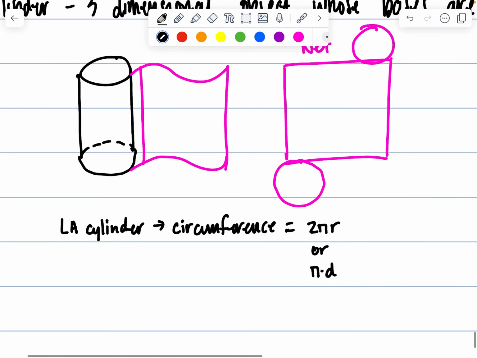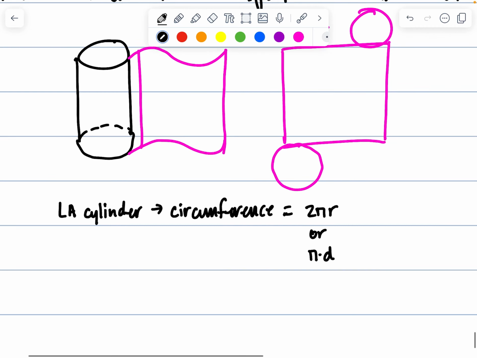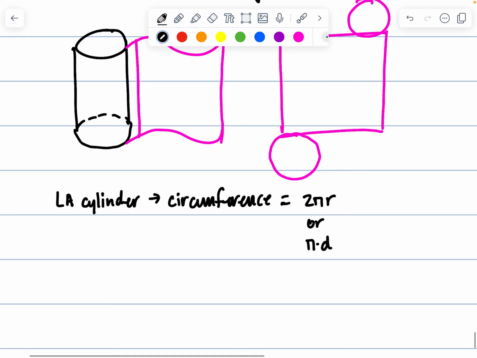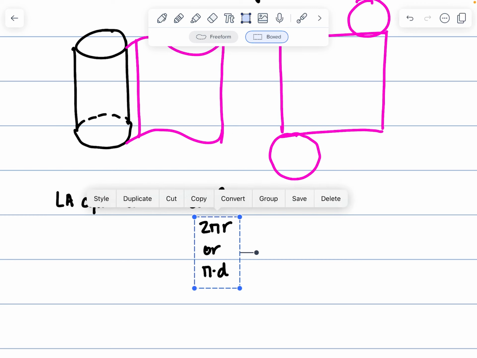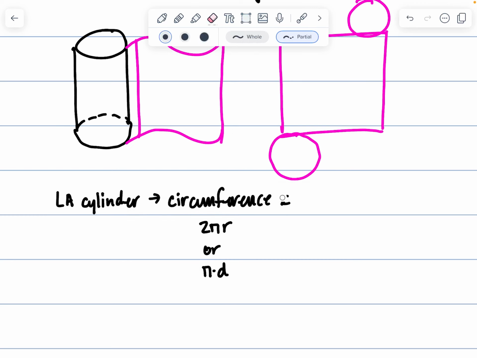So as long as you know the radius or the diameter, you could do these problems. And then to find the lateral area, it's circumference times altitude.